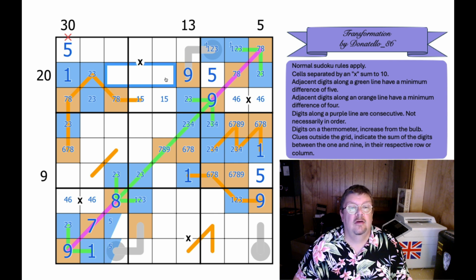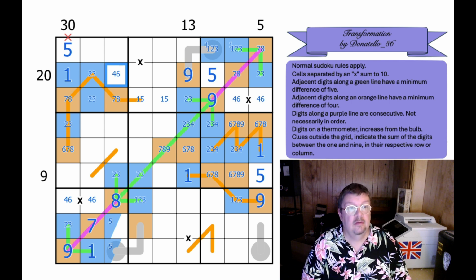So I know I've got a 4 and a 6 in here, because that's the only places for them in the row. And then I have a 7 or an 8. So that must be 4 or 6.